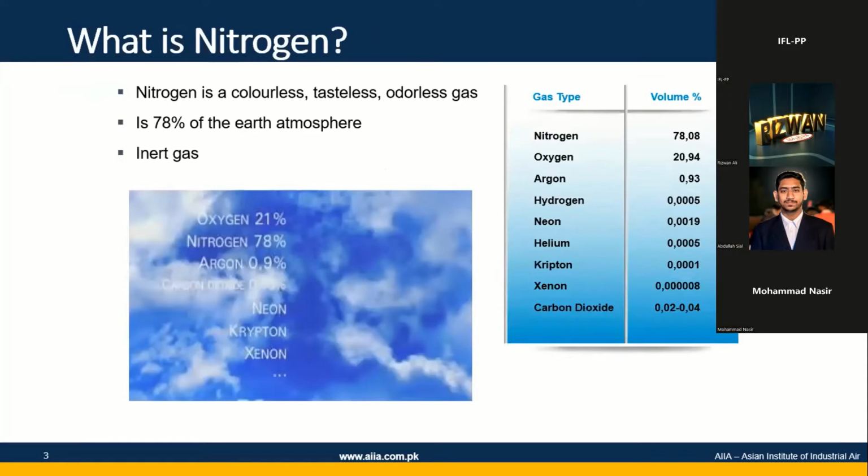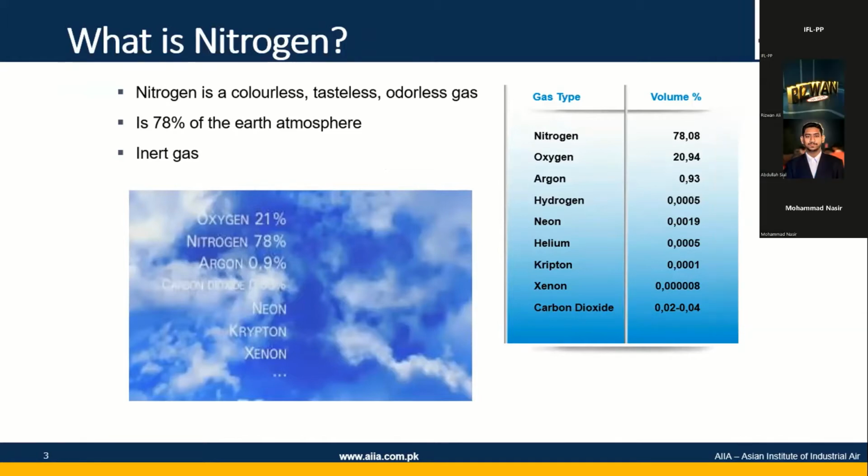As all of you know, air is composed of 78% nitrogen, so it is always very easy to extract it from the air, because air consists of 78% nitrogen and 21% oxygen. Basically, you need to separate the nitrogen from the air.